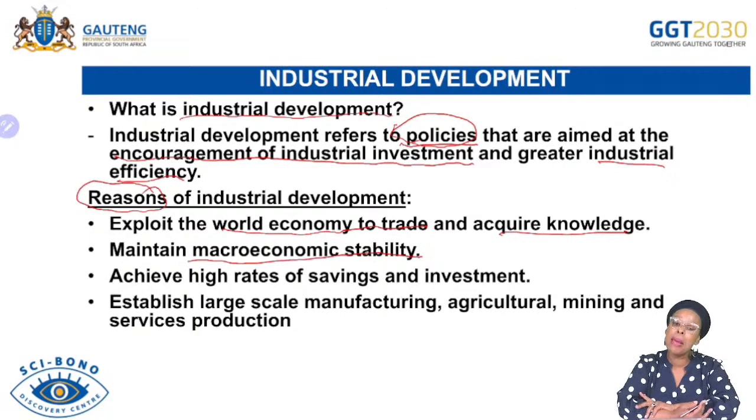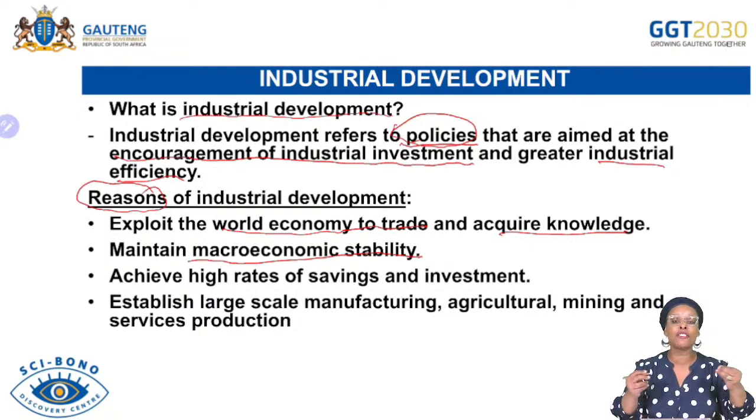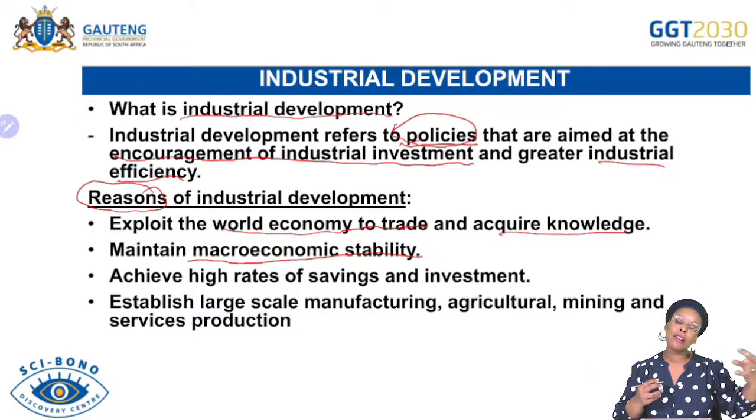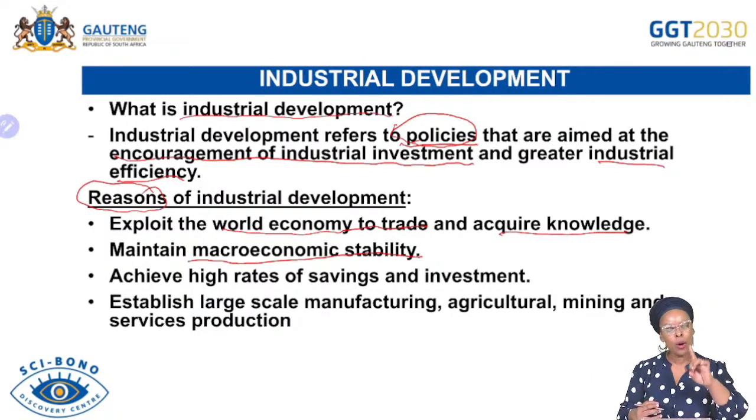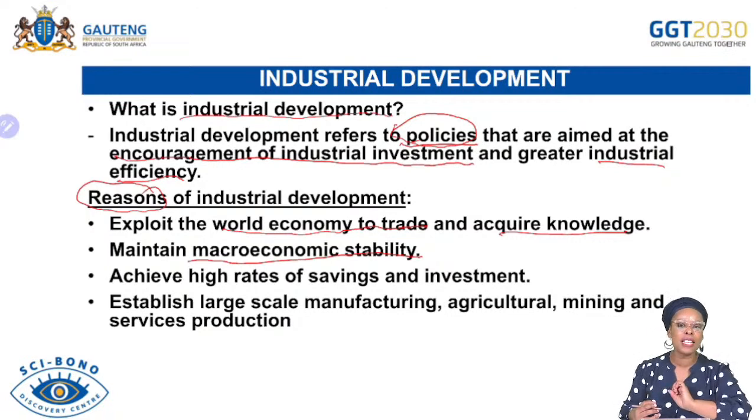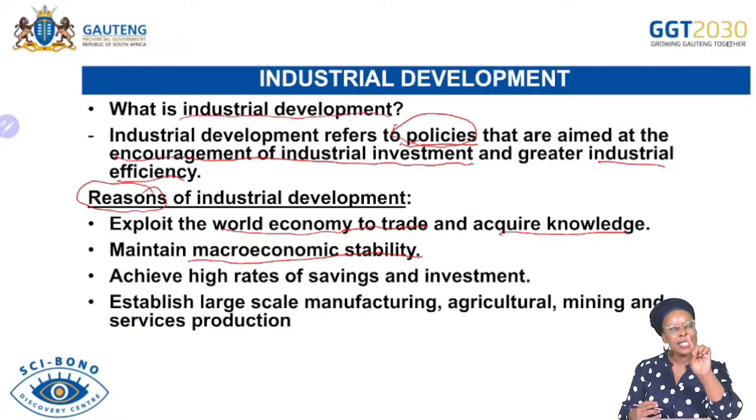Do you still remember your public sector topic, whereby you studied and learned about the macroeconomic objectives of the government? You need to learn how to link information from one topic to another. When you were doing macroeconomic objectives of the state, your teachers taught you that the government wants to achieve full employment, foreign exchange stability, price stability, and economic equity.